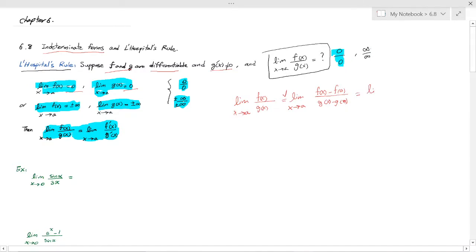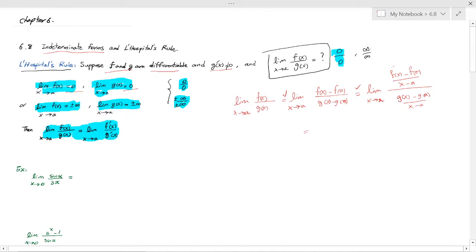Then we can divide the numerator and denominator both by x minus a. If I divide the numerator by x minus a and the denominator by x minus a, I haven't changed anything about this equality, so it's still a true statement.